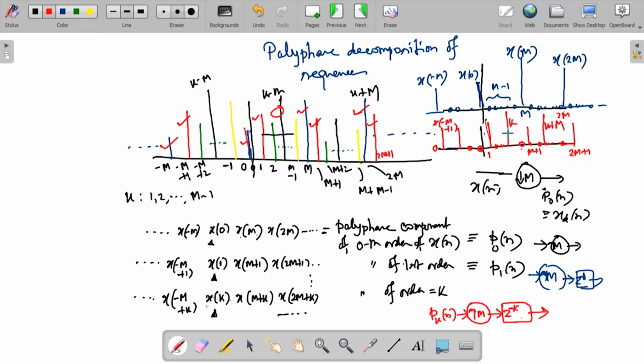Okay, and lastly, expand and then add them, you will get back this.